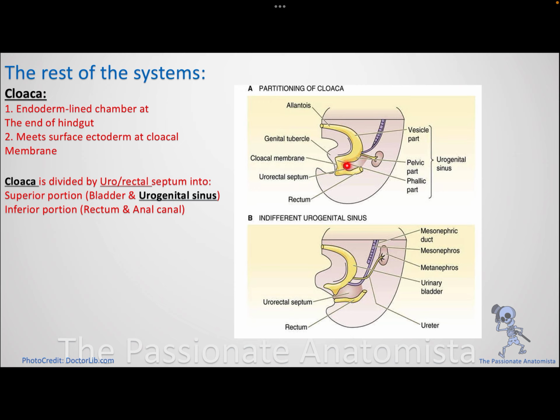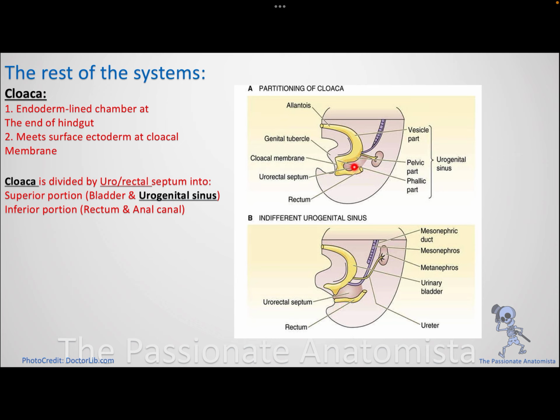With further development, the cloaca is going to be divided by something called the urorectal septum. Why do we call it urorectal? Because it's going to give me a urogenital part and a rectal part. All right, guys?